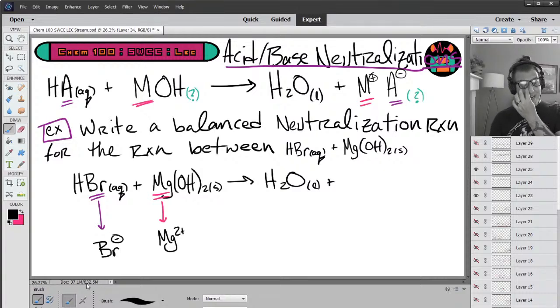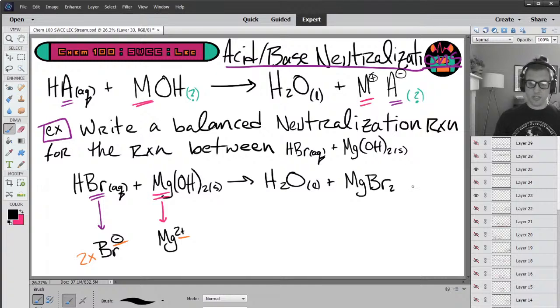So it's bromide. Now, when you look at these charges, we're going to need 2 negative charges to balance with our charge of +2. So we need 2 bromides to every 1 magnesium. So the salt that we're going to make is MgBr2.